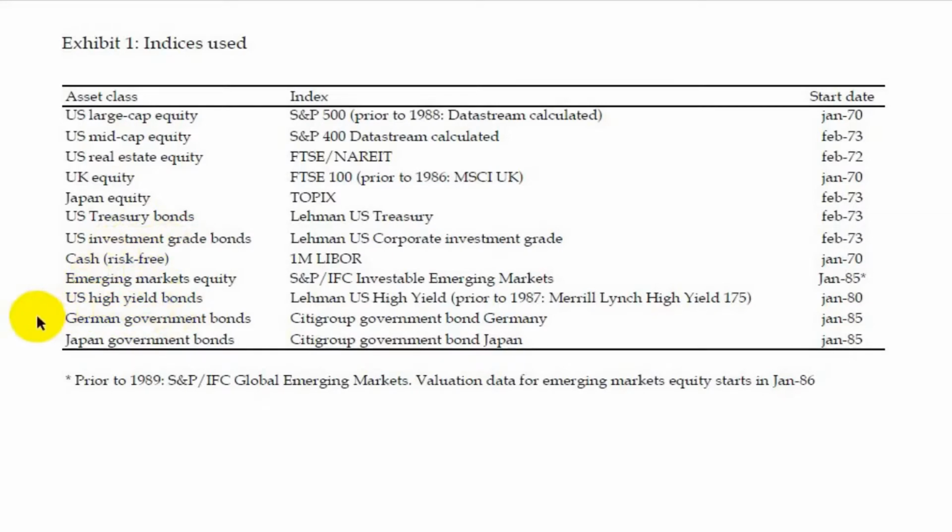And they've got two international bond markets, so Germany and Japan. And they've got the 1-month LIBOR here as a proxy for the risk-free rate. And so they've got data for each of these indices going back to these dates here. So back to 1970 for the S&P 500, a little bit more recent for these international bond groups.